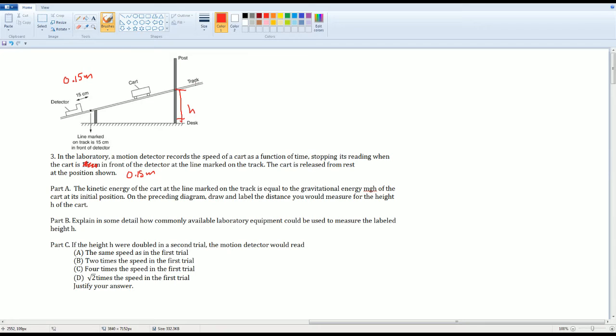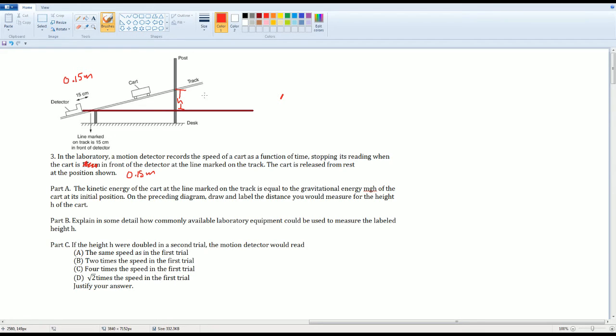This shouldn't be the height. Because if you look, I've got to draw it straight here. This is where the detector was. So if you make it straight, the proper height should be this.